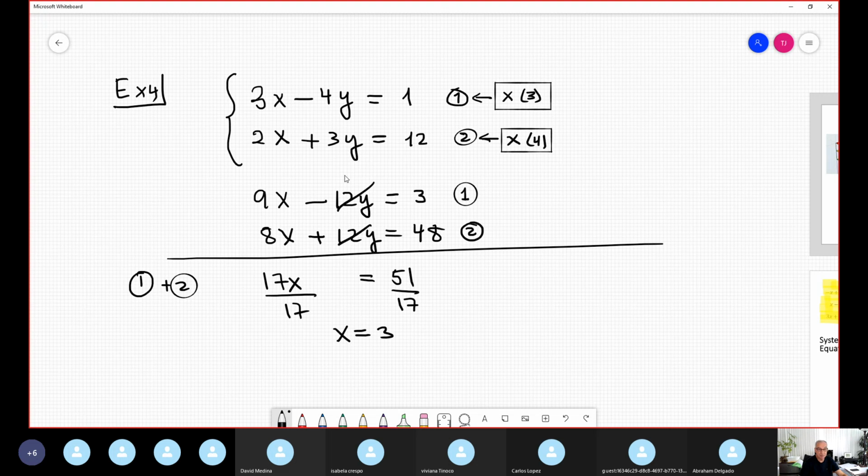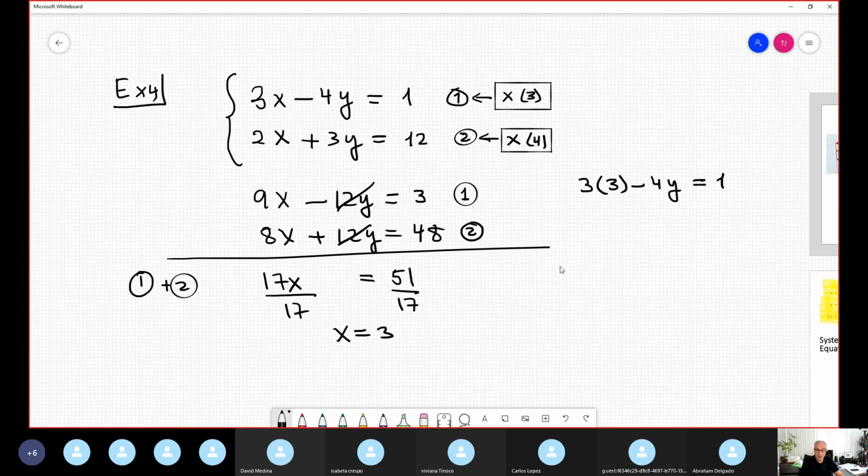Now I'm going to find the y value. Well, you select either equation. In my paper, I select equation number 1 because I consider it easier. There's no specific reason, but okay. It's 3 times 3, you replace x for 3 because I know the value, minus 4y equal 1.